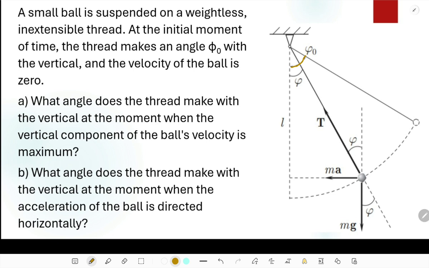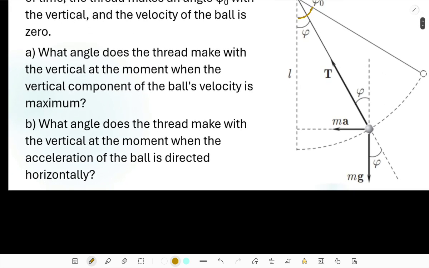And I just promised to write down Newton's second law in projections in the vertical direction. What can it be? That can be simply T cos phi.